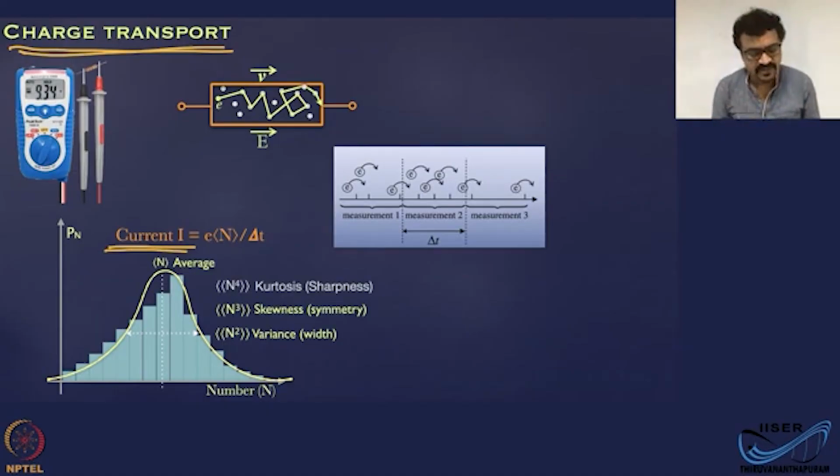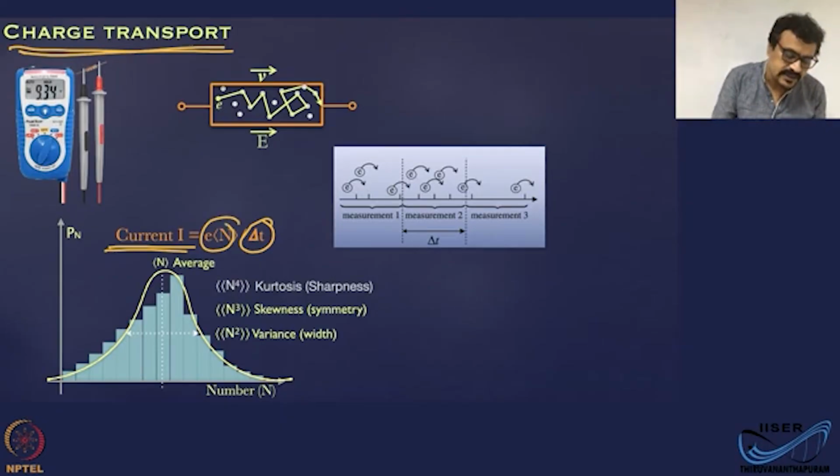Current at some point of time is a certain ampere, and that is kind of maintained uniformly. But current is not the fundamental quantity here. What is fundamental here is the charge, which is going through the circuit at a certain interval delta t. So current is nothing but the charge, e is the electronic charge and n is the number of electrons going per certain amount of time delta t.